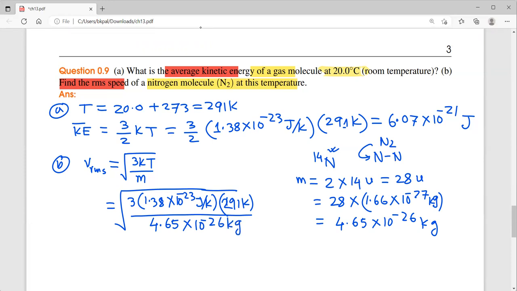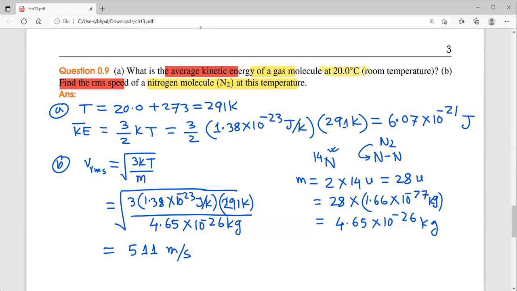If you plug these values in correctly, you should get something like this: 511 meters per second. This is the RMS speed for the nitrogen molecule at room temperature.